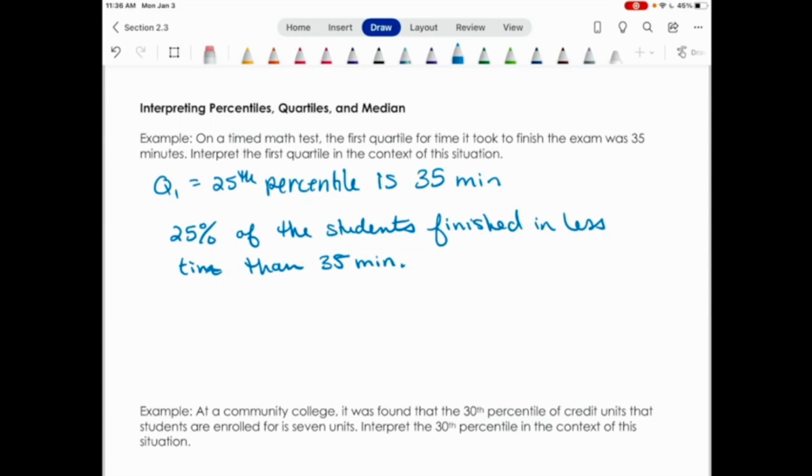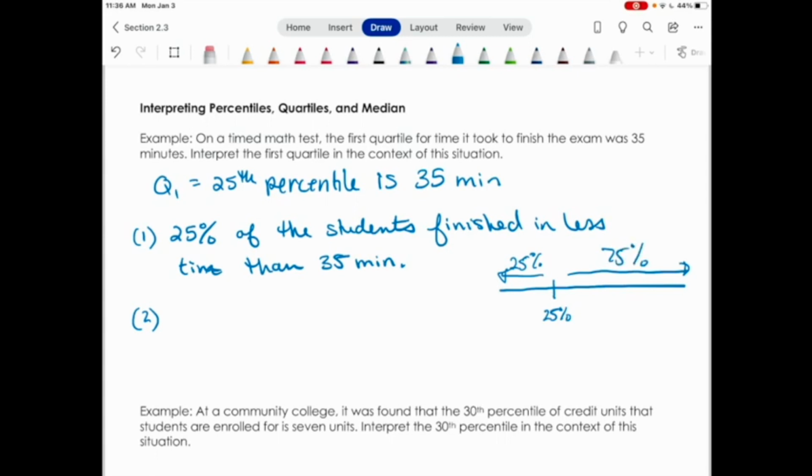The other way that we could say this, so let's write this down as option 1. We could also flip it in a different direction. Remember, if I look at it like a number line, if I split it here, where this is the 25th percentile, that means 25% goes this way, which means 75% is above.